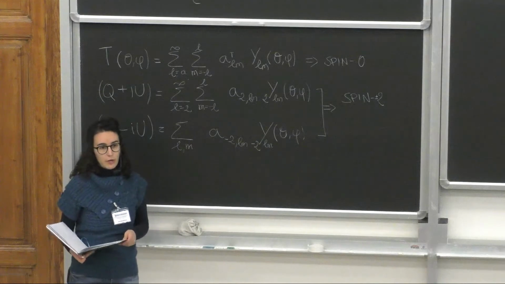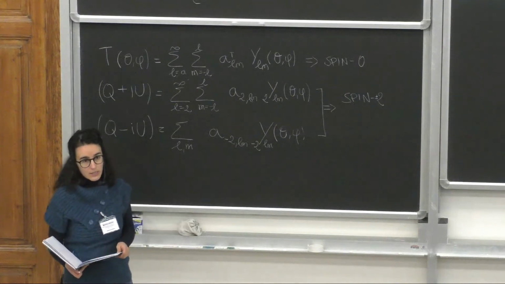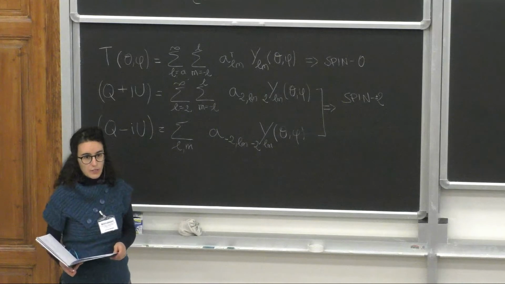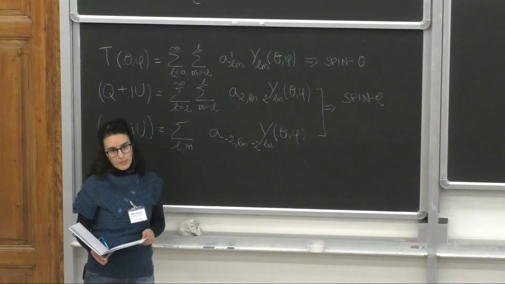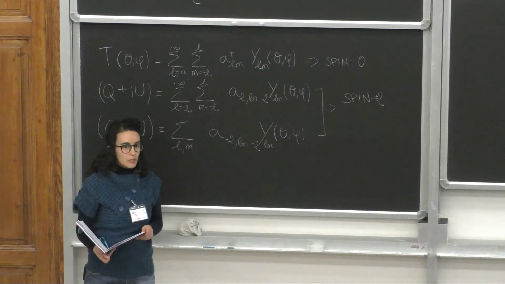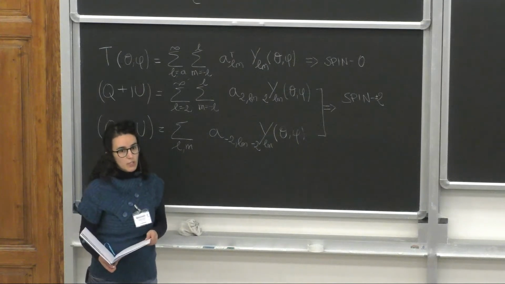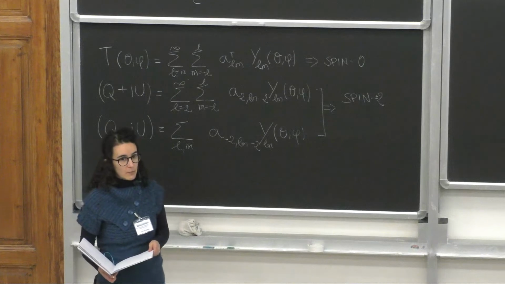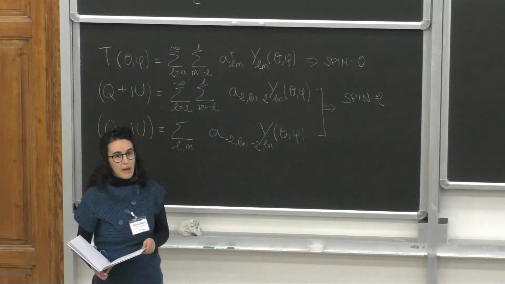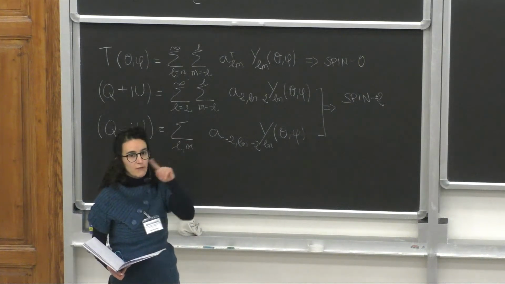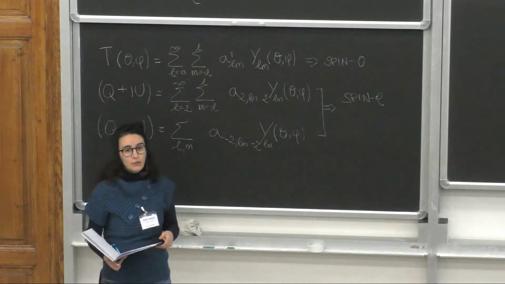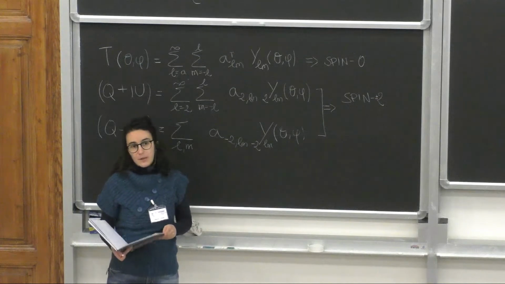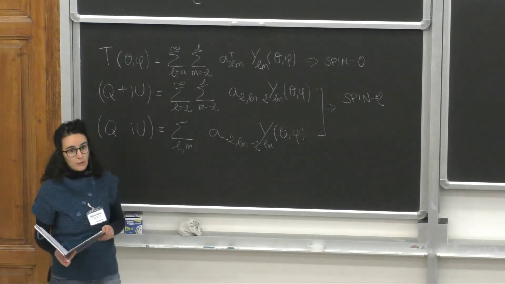Q is the linear polarization along the x-y axes, and U is the linear polarization along the 45-degree directions in a given reference system. So if you need to define Q and U, you need to define a reference system, and this reference system might not be the same for all the different directions in which you observe the sky in order to obtain your CMB maps, for example.